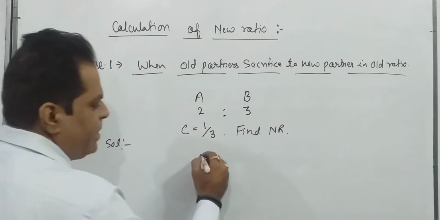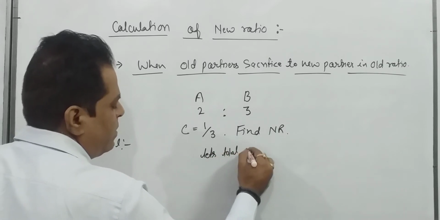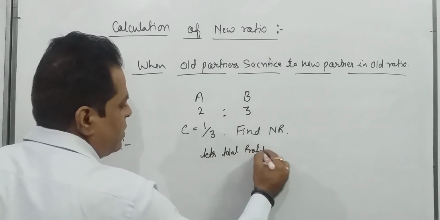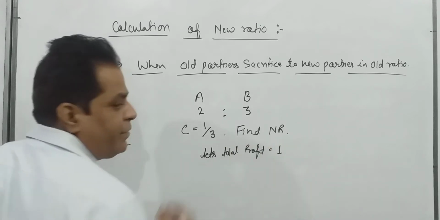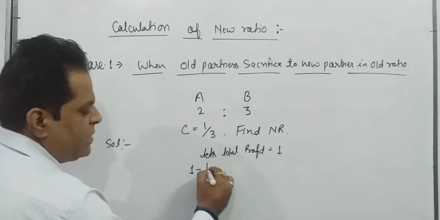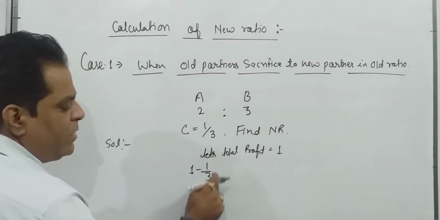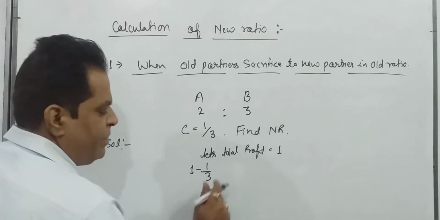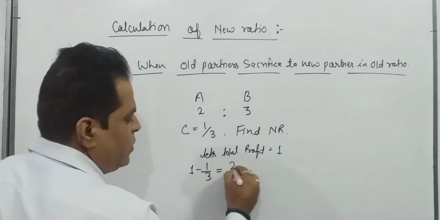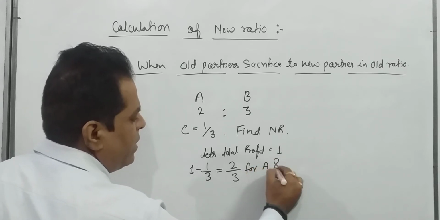Simply first of all, assume that total profit is equal to 1. After that, 1 minus 1 upon 3. 1 upon 3 is the share of the new partner. You will find the remaining part 2 upon 3 for A and B.